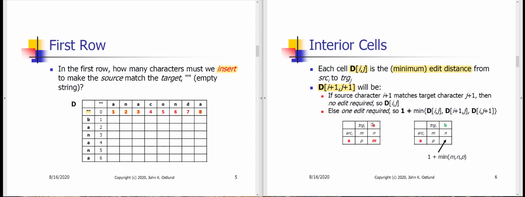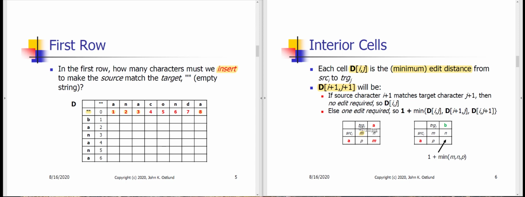Well, we have the edit distance for some source and target prefix. And let's assume that we have filled in the minimum edit distances for one additional character in the source prefix and one additional character in the target prefix.